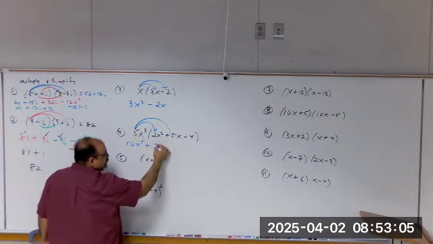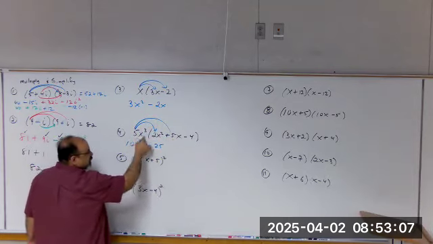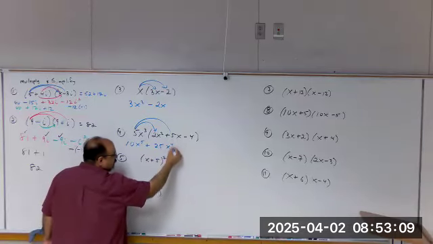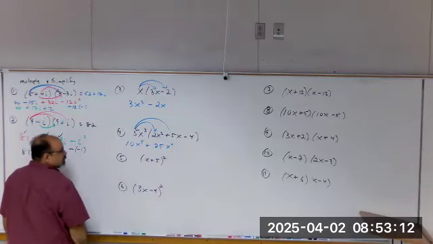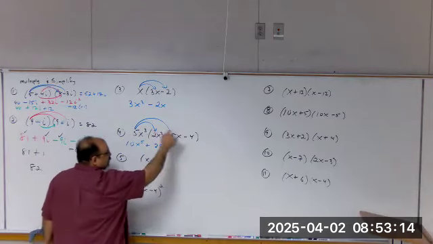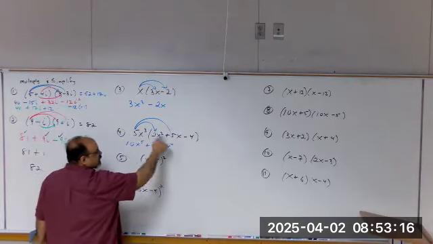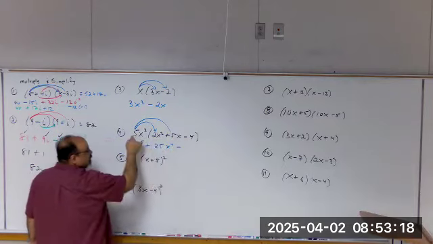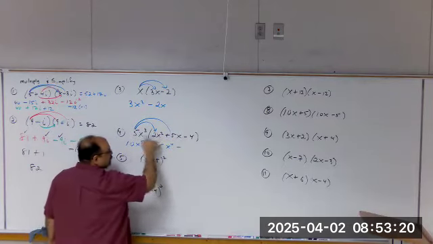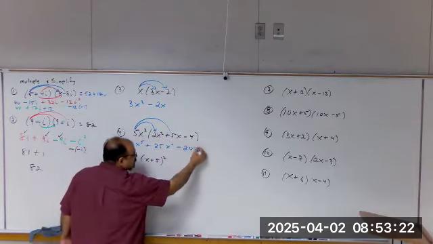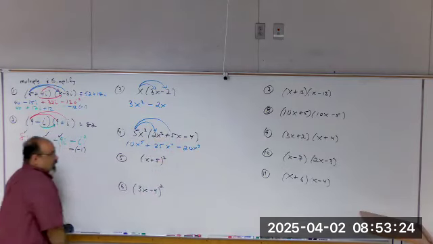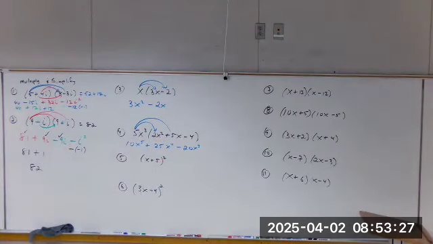So 5 times 5 is 25. x to the third times x, that's an x to the fourth. And then 5x to the third times a negative. So positive times a negative is going to be a negative. 5x to the third times 4, 5 times 4, that's a 20x to the third. And you can't combine anything because they're not like terms. The powers are different.